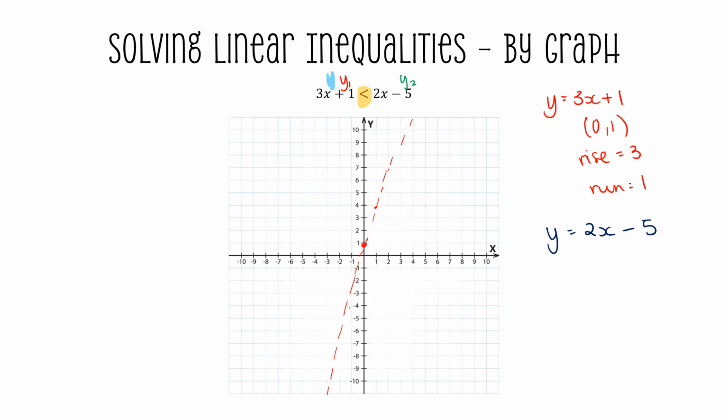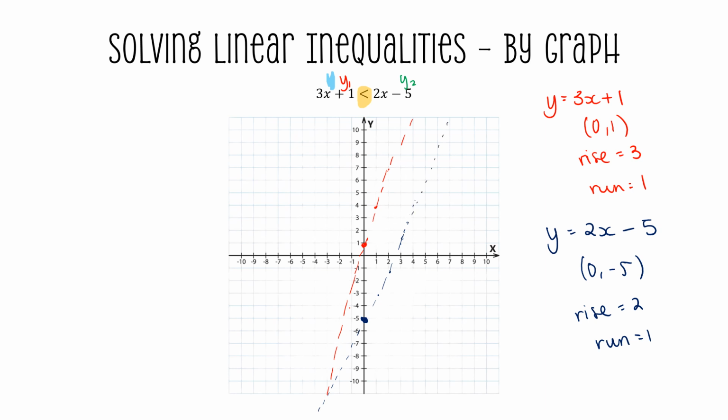Now, y equals 2x minus 5, I'm going to have an intercept at 0, -5. And I've got a rise of 2 and a run of 1. So I'll be going across 1, up 2, across 1, up 2, and so on. Now, if I do this, I will end up intercepting at some point.